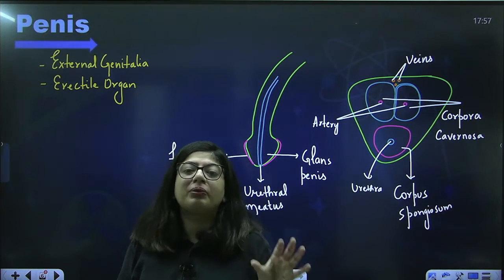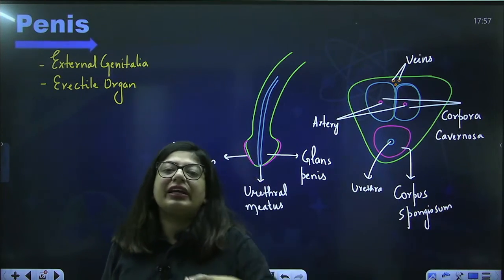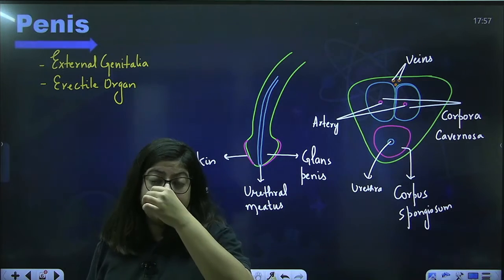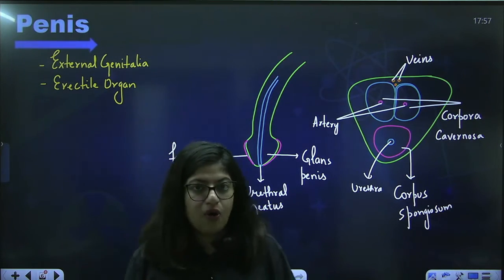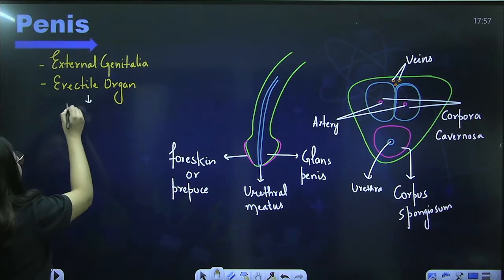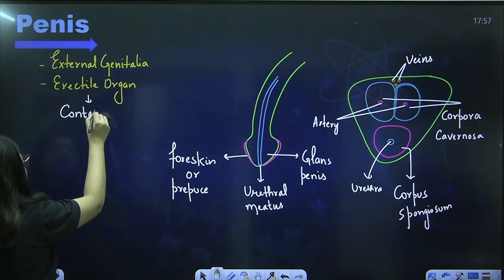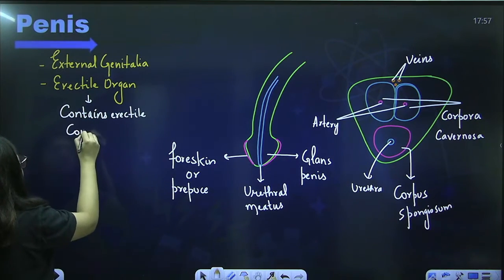The entire penis gets hard and erect. The size of the penis actually increases during erection. The erect penis on an average is around 15 centimeter long, right? So, why do you call it an erectile organ? It contains erectile connective tissues.